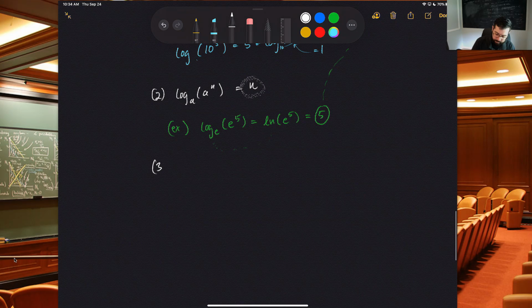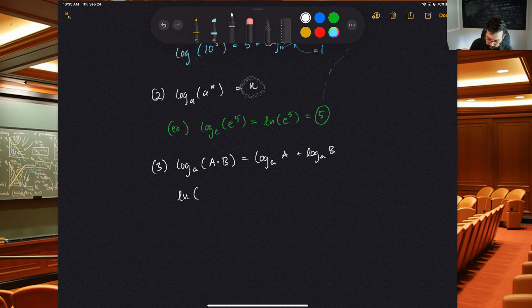Okay, third one. So if we have log base a of big A times big B, this is equal to log of big A plus the log of big B. This also holds up for natural log, right? Again, this holds up for all bases of logarithm.